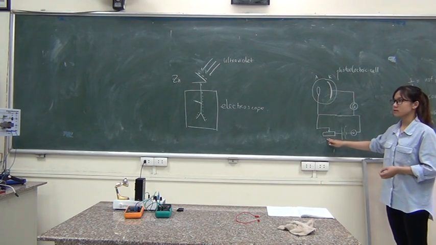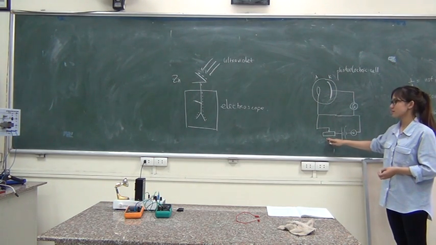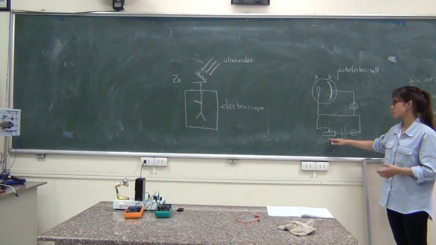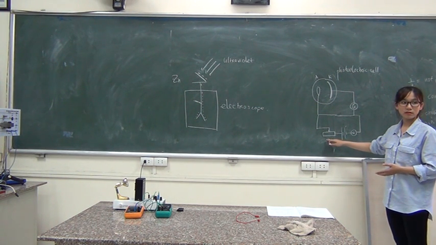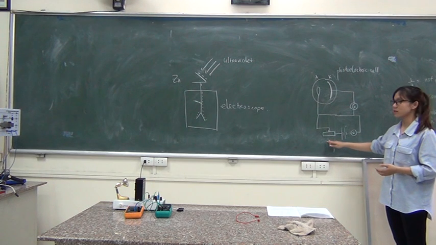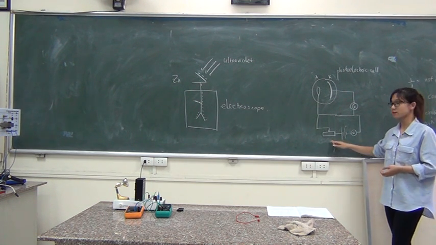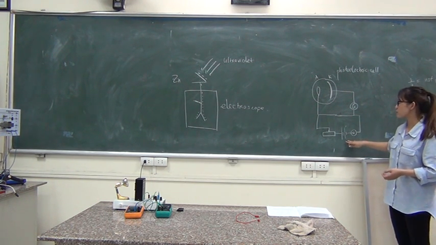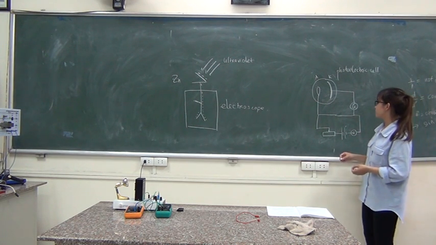This one is the resistance change. This one is a variable resistor, and this one is the source of electricity.